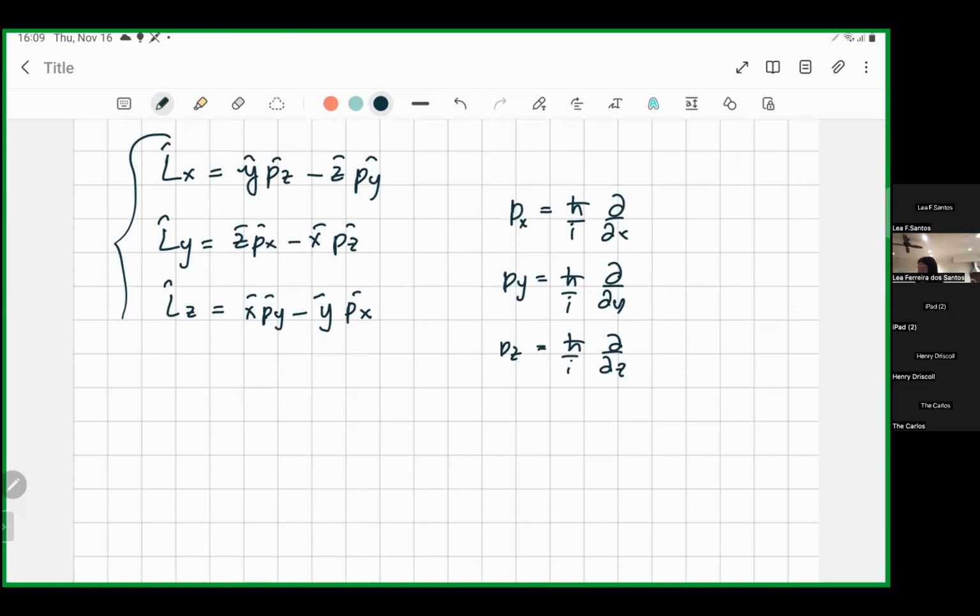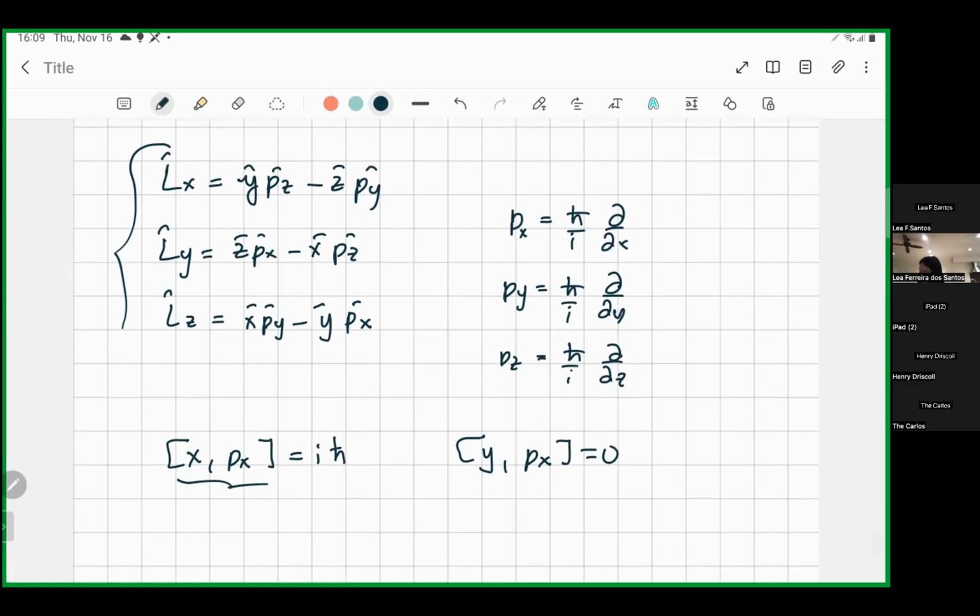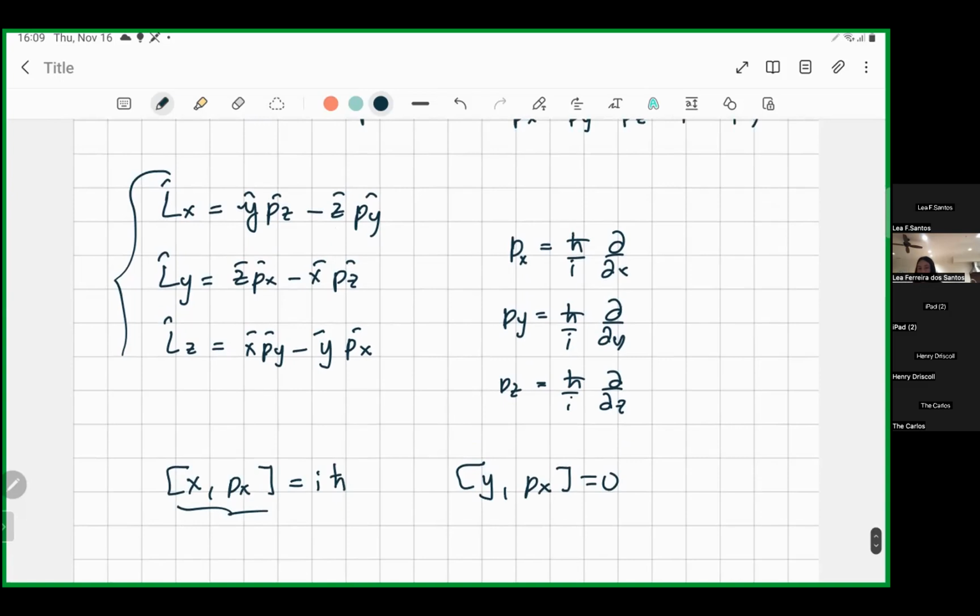Now we know that position and momentum do not commute, but they do not commute only if we are thinking about the same direction. If I put y with px, they commute, they are in different directions, but in the same direction, they do not commute. Well, what is the consequence of this if we are now thinking about the components of the angular momentum?